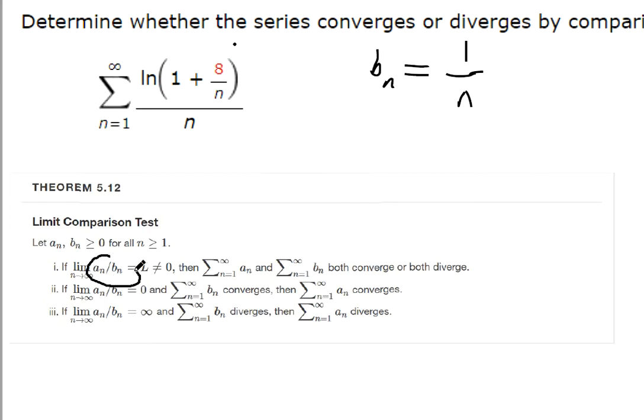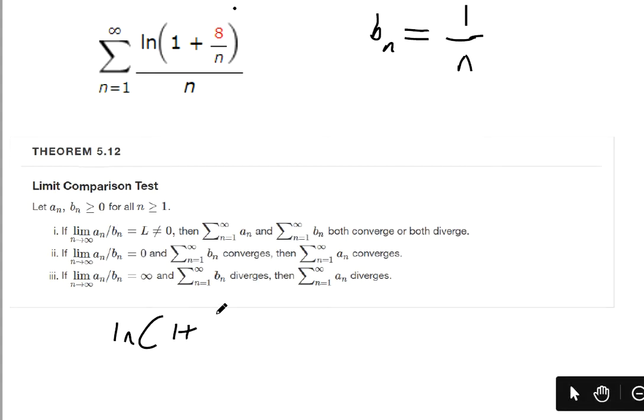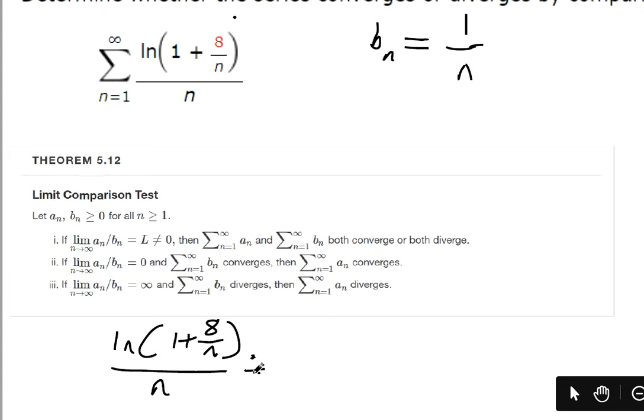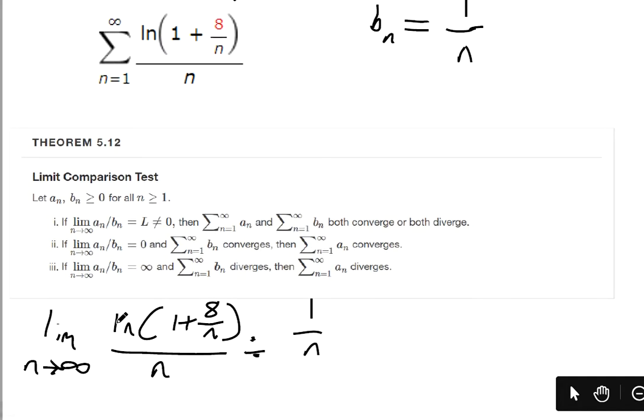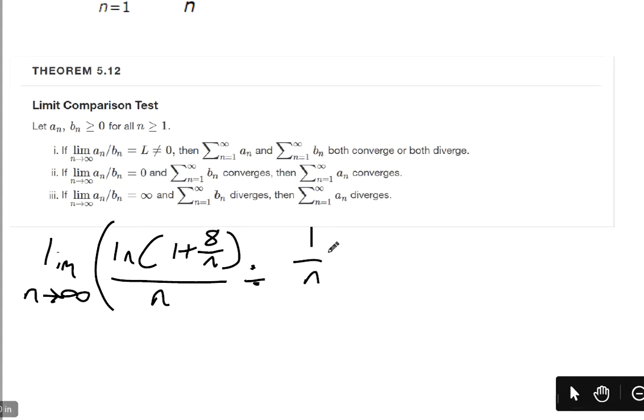Let's do what the limit comparison test says to do. We're going to take a sub n and divide it by b sub n, and evaluate the limit as n goes to infinity. It'll either evaluate to some constant, or it'll go to 0, or it'll go to infinity, and then we can look at our result a little closer and make a determination.